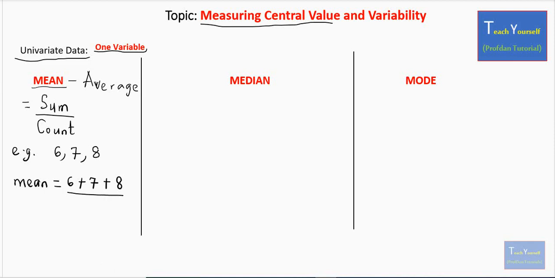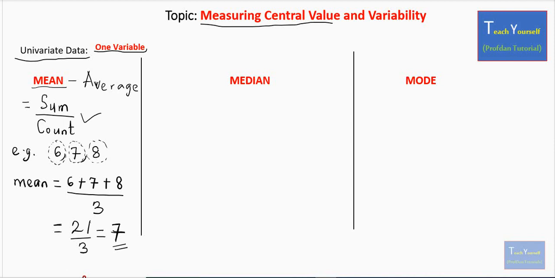So what are you counting? You have 1, 2, 3, so there are 3 different scores. That finally gives you 7. So for this example, the average or the mean score of the students is 7. This is how you find mean.